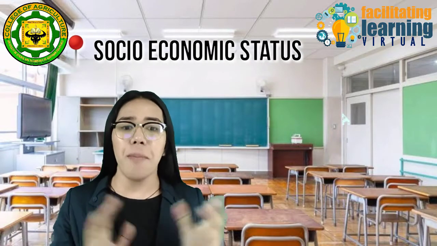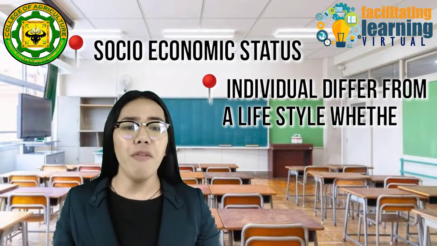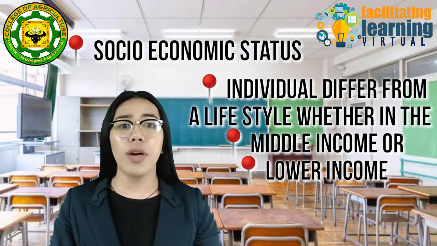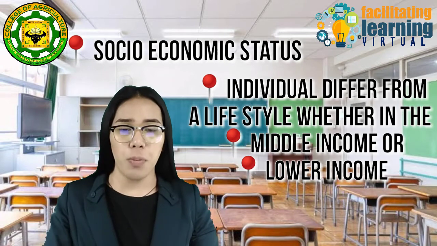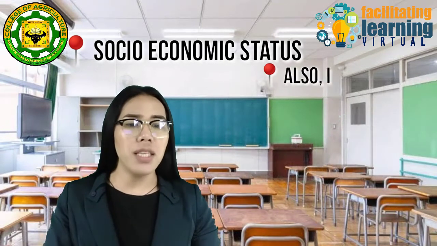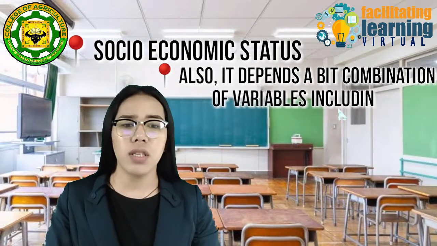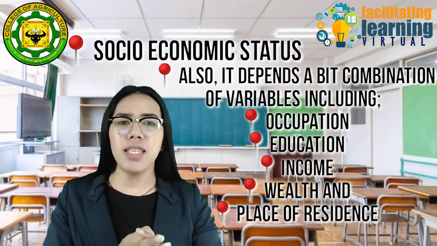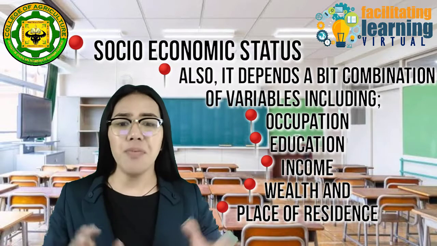Socioeconomic status depends on how individuals differ in lifestyle, whether in a middle income or a lower income group of people. It also depends on a combination of variables, including occupation, education, income, wealth, and place of residence.